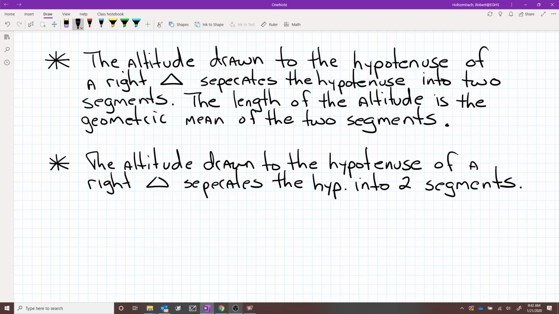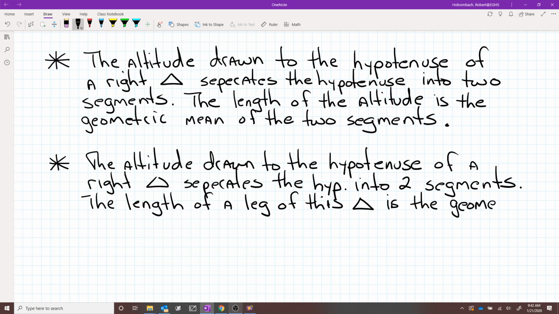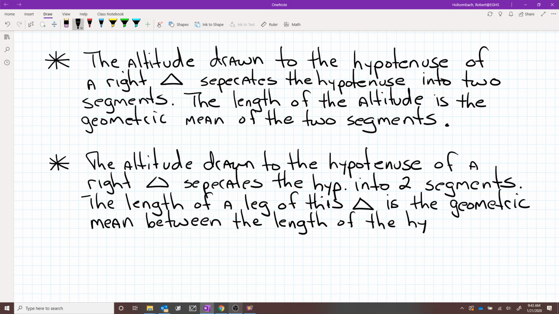The length of a leg of this triangle is the geometric mean between the length of the hypotenuse and the segment of the hypotenuse adjacent to that leg.